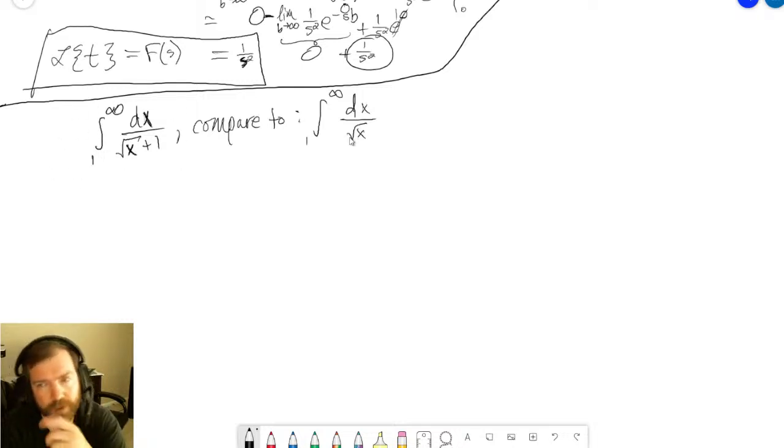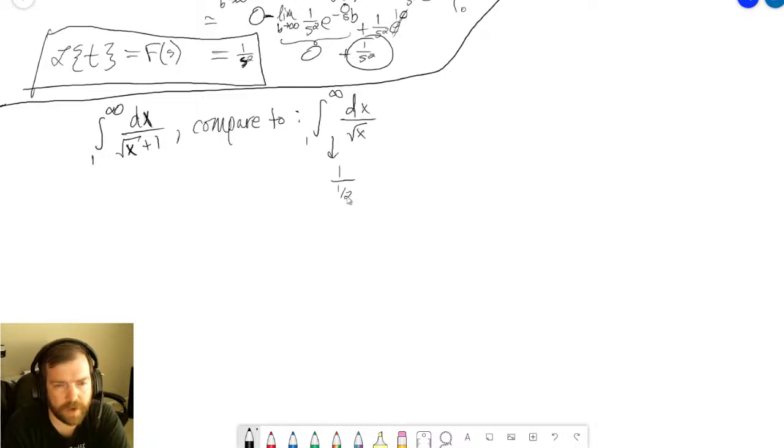And if we look at this, that's going to be a 1 over positive a half. Because we had an x to the negative 1 half, we're going to increase that value by 1, and it's going to end up being positive 1 half.